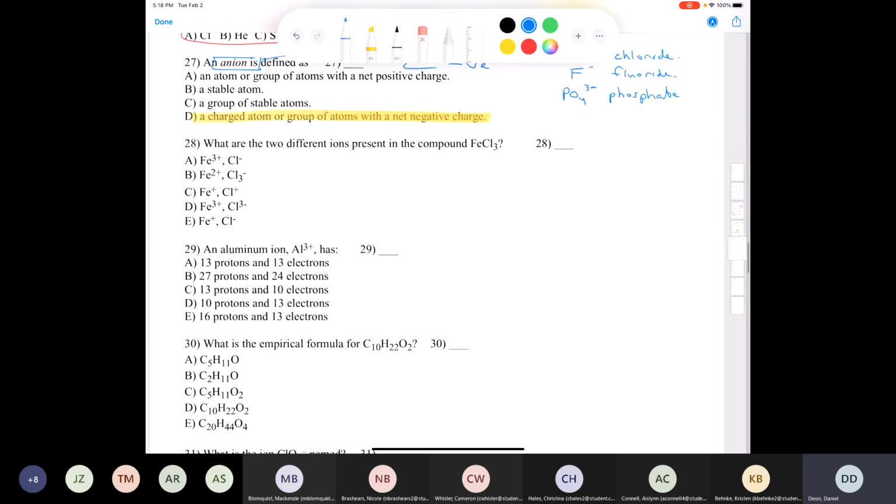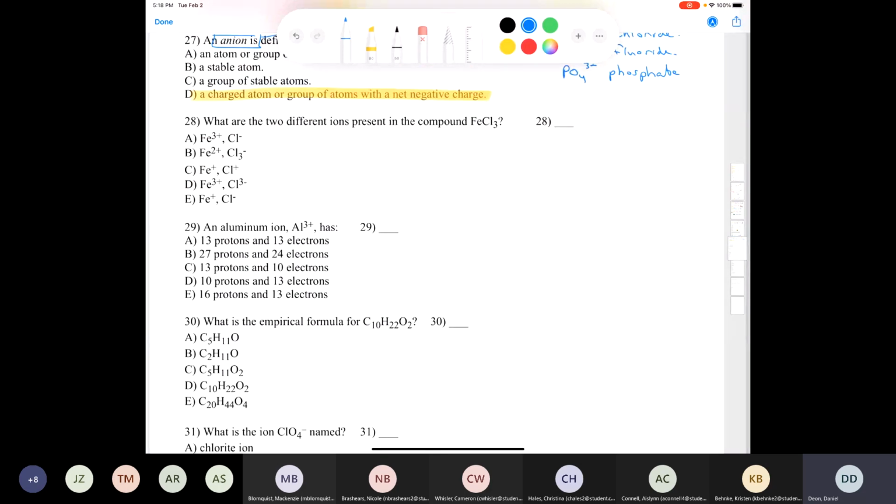All right, next question. What are the 2 different ions present in FeCl3? Well, for this, you have to memorize some of the rules about charges or oxidation states. If we analyze FeCl3, the first rule is that chlorine is in group 7A, and so it almost always, except for very rare exceptions, will have a charge of -1.